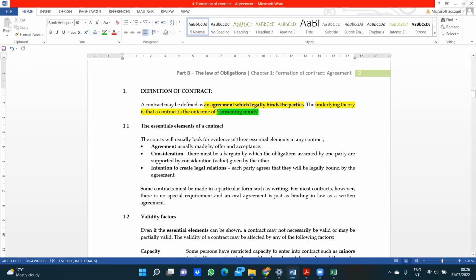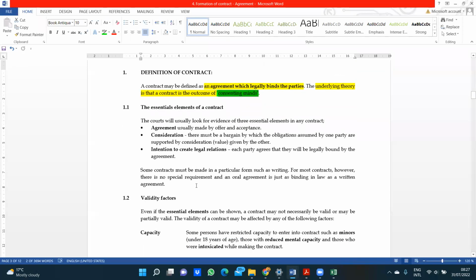There needs to be consenting minds. There must be a willingness between the parties to enter into a contract. So a contract is an agreement which regards both parties, and they must agree to be legally bound under the terms and conditions of the contract.